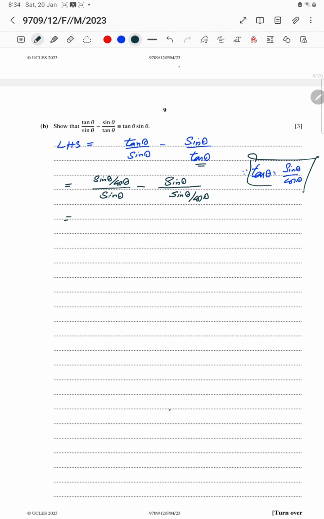Okay, now it becomes sine theta over sine theta times cos theta, minus sine theta times cos theta over sine theta. So you can cancel a few things. So here we get 1 over cos theta minus cos theta by 1.